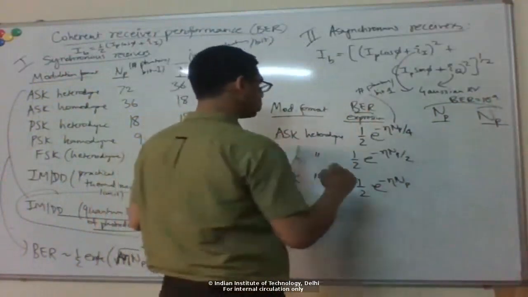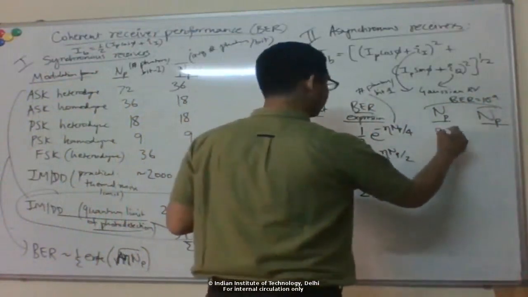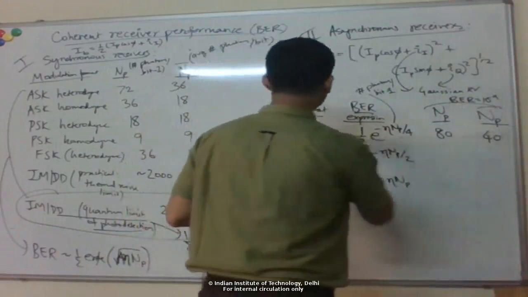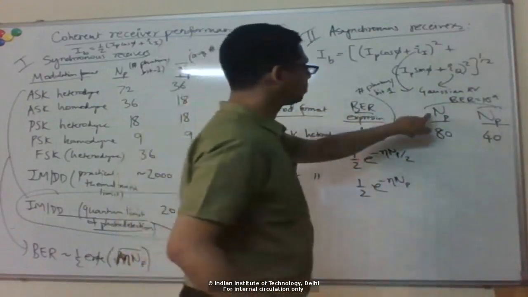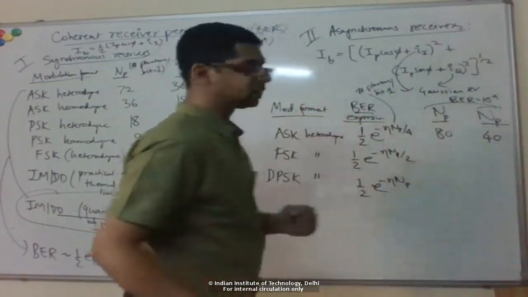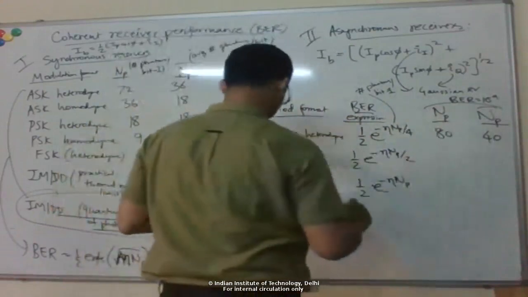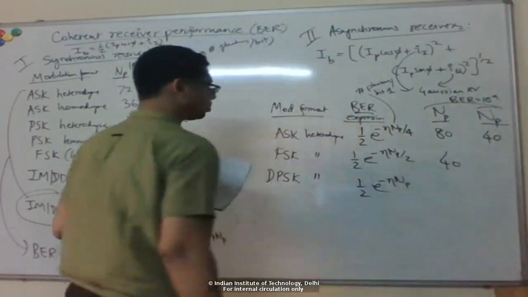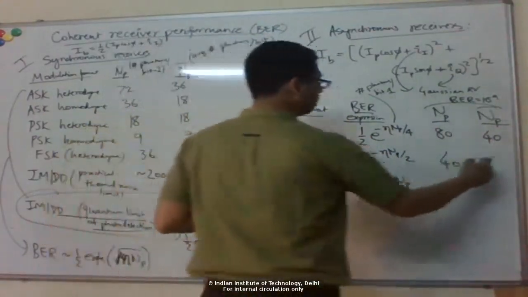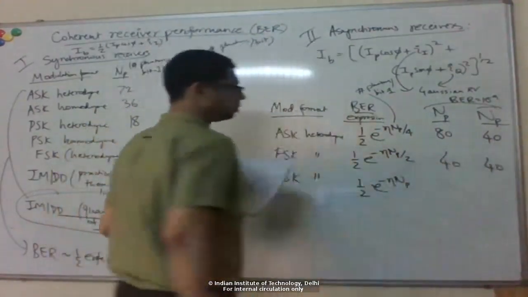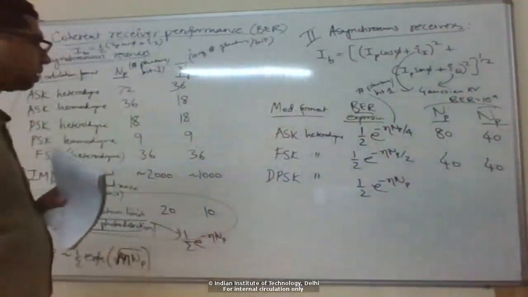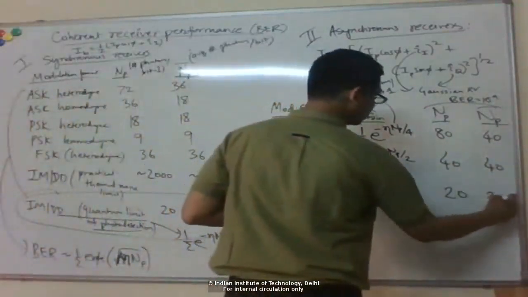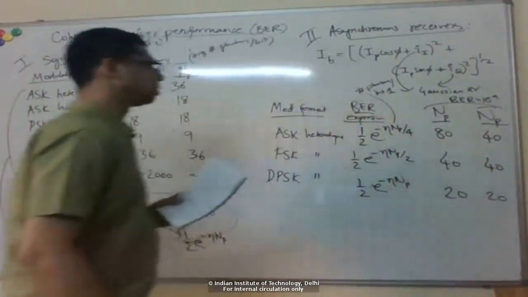Again, assuming eta equal to 1, you get about 80 here. For ASK, the average is half of the number of photons in bit 1 because bit 0 has no photons, so here you get 40. For FSK, this comes out to 40 because there's a factor of 2 here. Average is equal to the number in bit 1 because for FSK we have the same power. And then for DPSK, it's the best: 20.